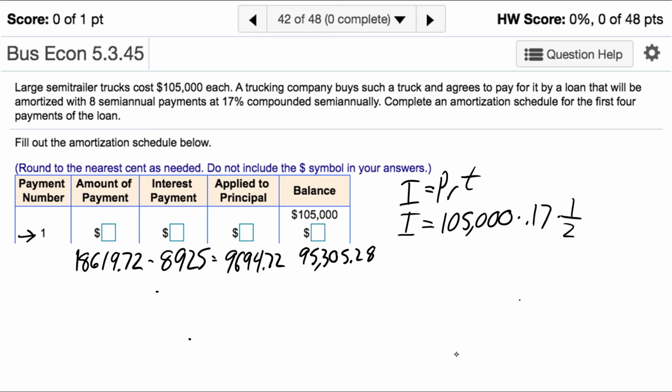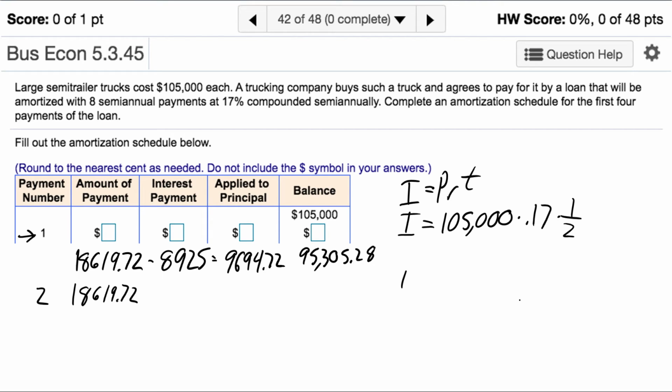All right, so then payment number 2, which after you enter that information, it'll pull up payment number 2. The payment amount is still $18,619.72. An amortized payment tells you the same amount you would pay every single month. The interest payment, however, is not going to stay the same because the amount owed is no longer the same.